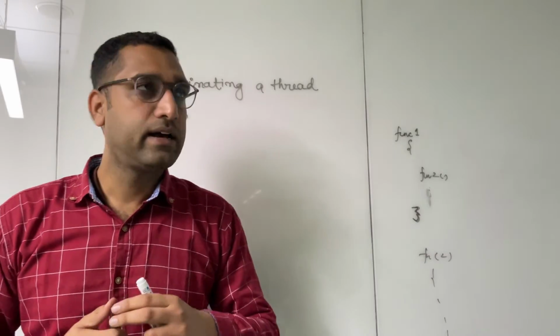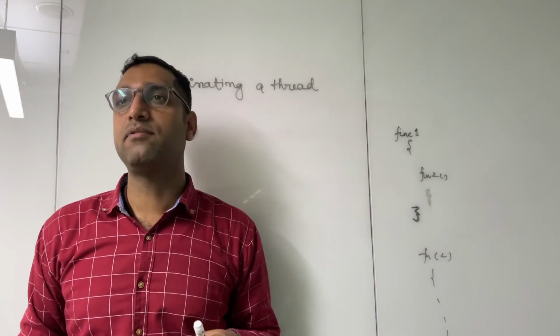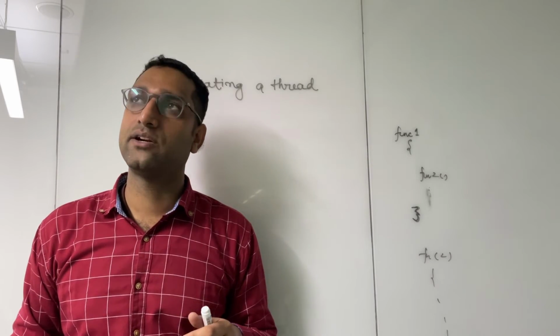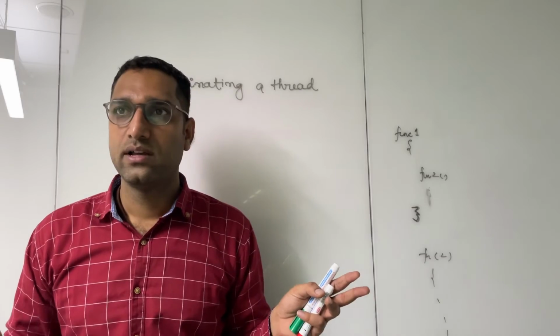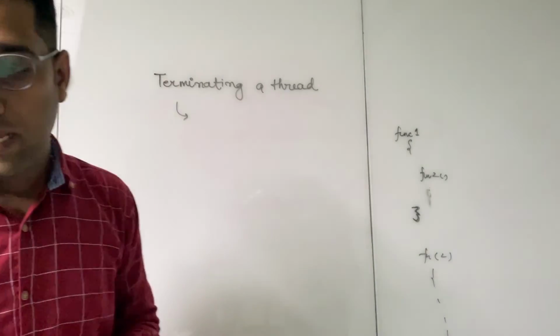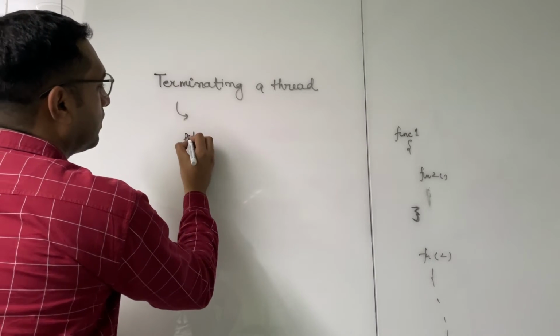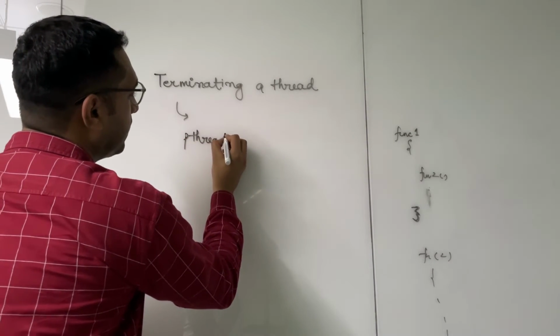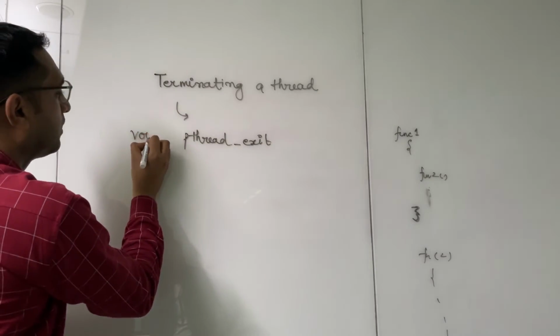There's a thread, it's running, it's executing, it reaches some condition where it thinks, okay, I have to exit now, I don't have anything to do anymore. In that particular case, it can call pthread_exit. The return type is void, simply.